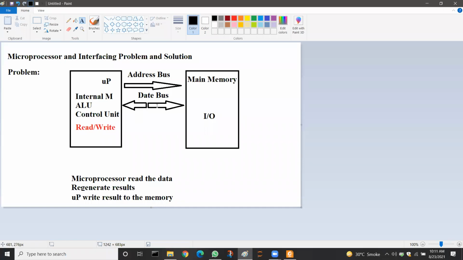To help this operation, we also need the control bus. The control bus direction depends on the type of control signal issued. We can use a symbol like this for the control bus.